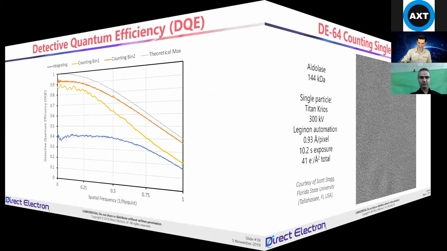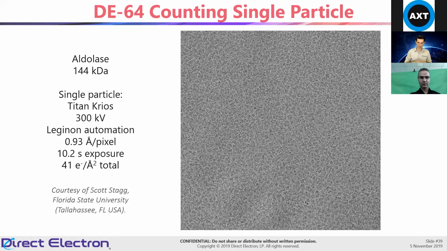So a little bit about results. Speaking of Florida State, one of the things that they have is a K3 on the BioQuantum, along with a DE64 pre-GIF. And they were kind enough to do some comparison studies for us. Their sample of choice here is aldolase. This is a fairly small 144 kilodalton protein.